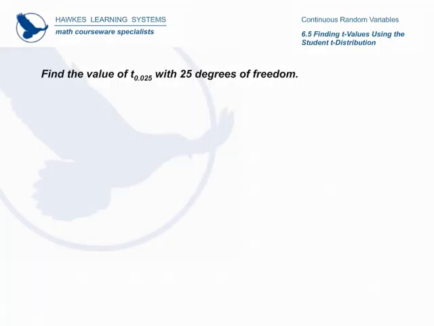Now let's take a look at some examples. Find the value of t sub 0.025 with 25 degrees of freedom. So we know our alpha is 0.025 and our degrees of freedom is 25.